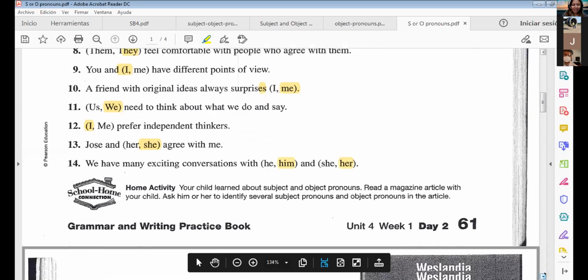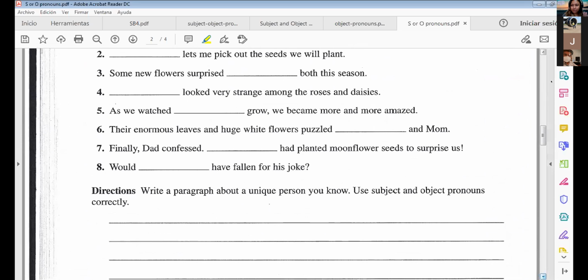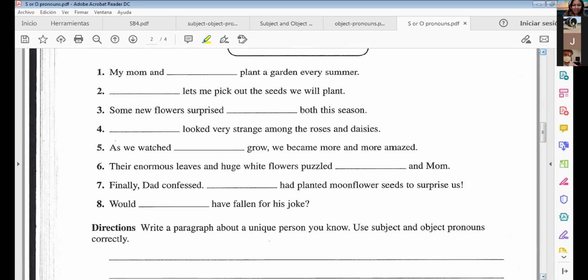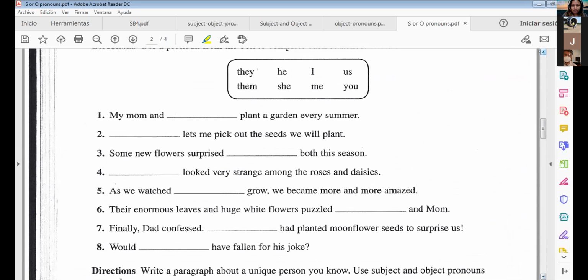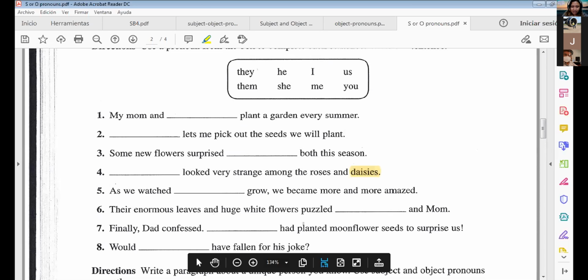Very good. Okay. So we're moving on to this story. This is going to be our last practice. In this case, we don't have options. We only have the words in the chart. So from this text, I want to show you the word daisies, puzzled, amazed, and moonflower seeds.